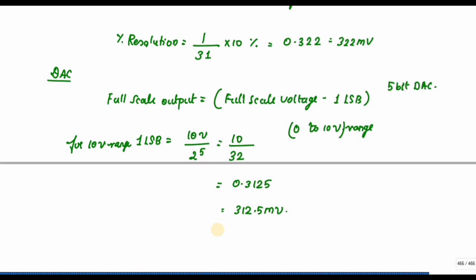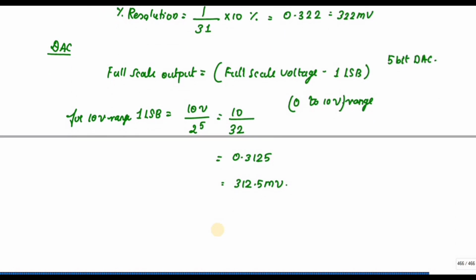So this is your LSB, for the 00001 input. Suppose I want to find it for the 10000 input. This is nothing but your MSB.